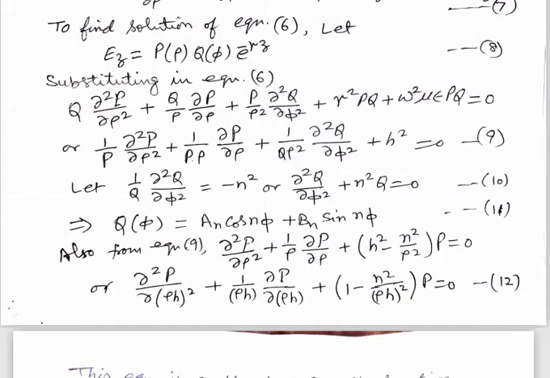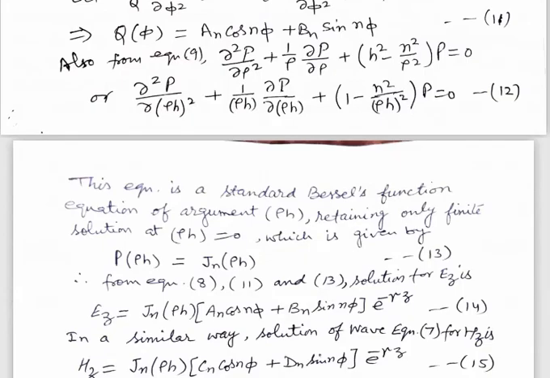Now, rearranging this equation by dividing each term by h square, it takes the form of equation number 12. Equation number 12 is a standard Bessel differential equation with argument rho h.